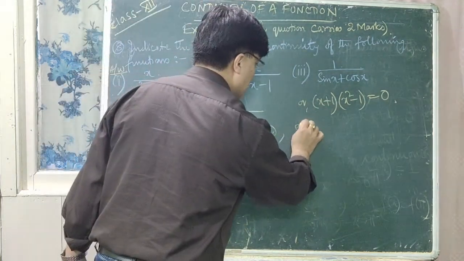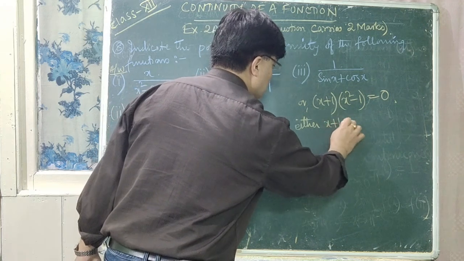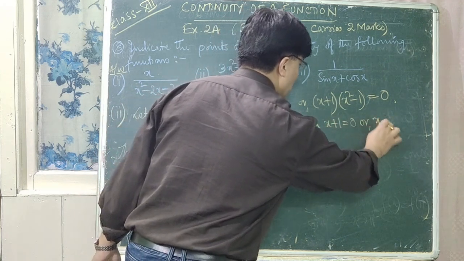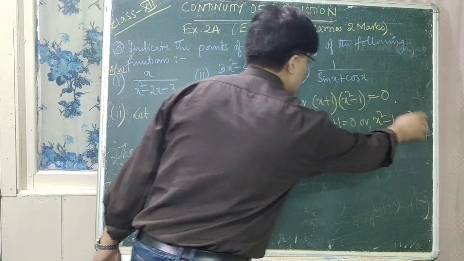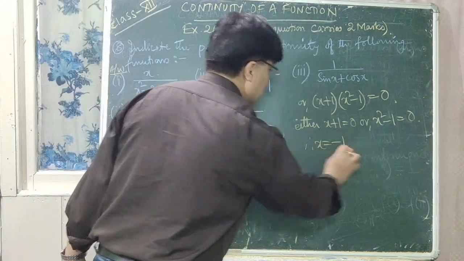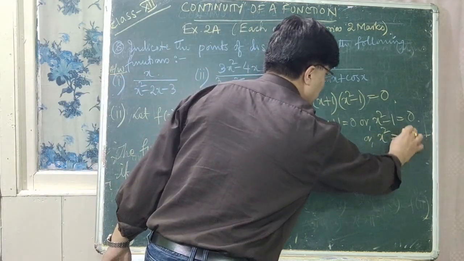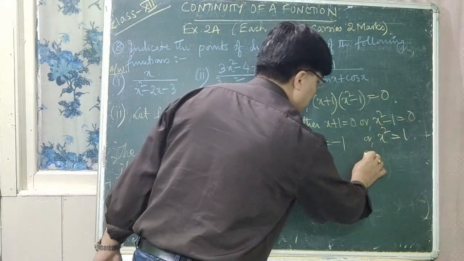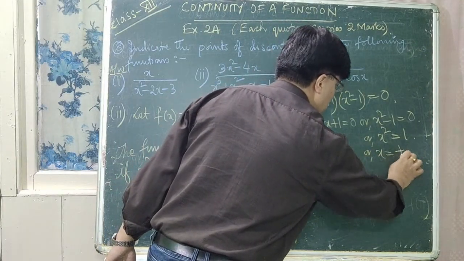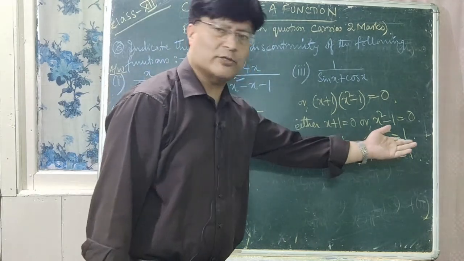So either x plus 1 is equal to 0 or x square minus 1 is equal to 0. So from here we get x is equal to minus 1, and from there x square is equal to 1, or x is equal to plus minus 1.